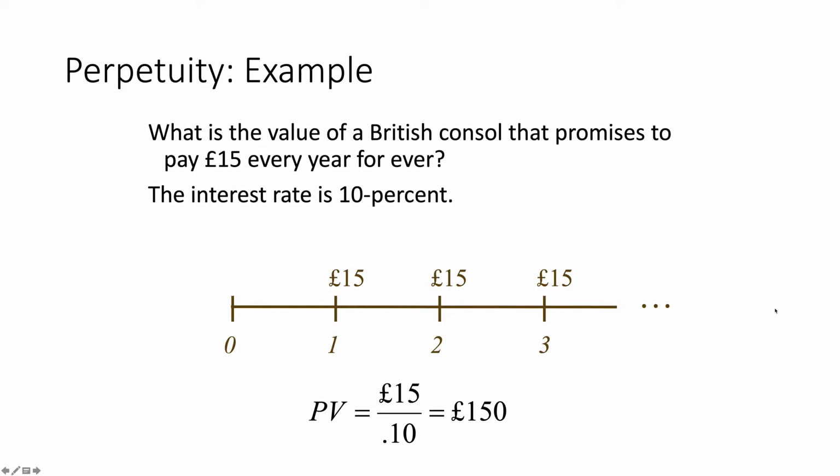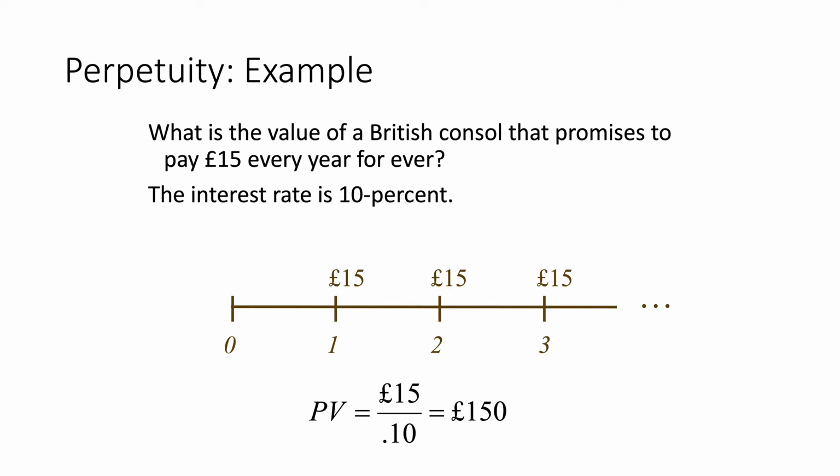But the math says 15 pounds divided by the interest rate of 10%. When you're using the math formula, you have to use the decimal point, 0.1. So the value of the British Consol is 150.